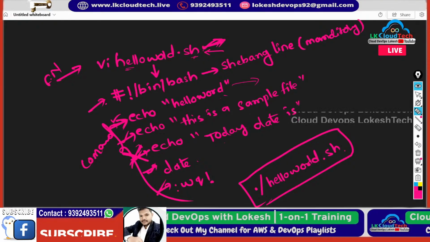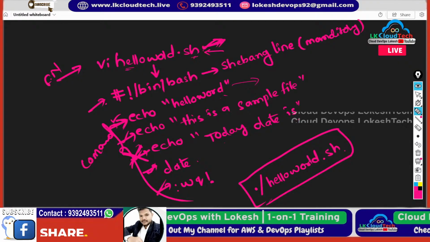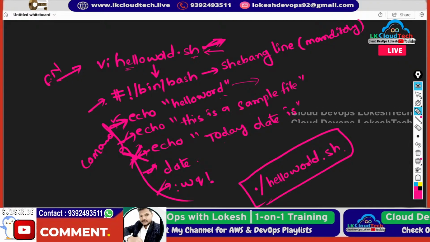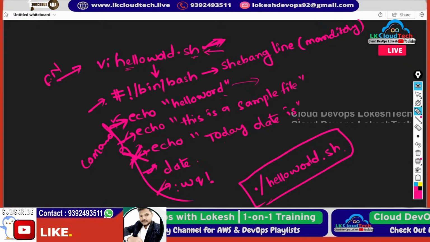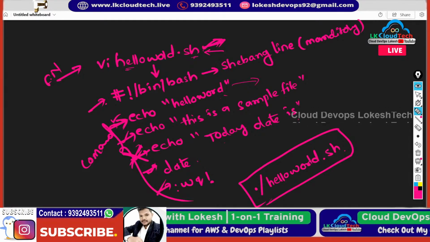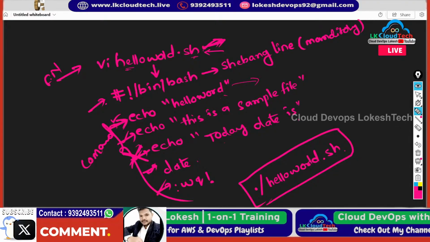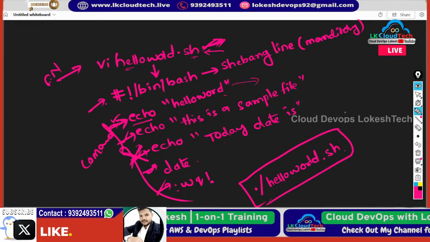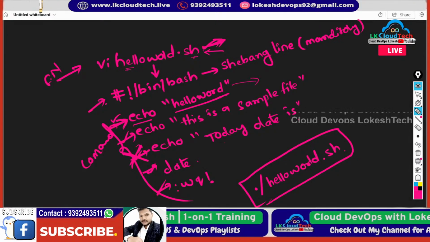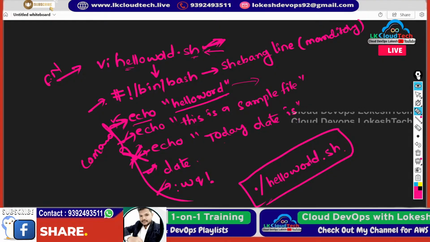Tell me, Rakesh. If we want to print multiple lines, can we use echo? Just simple echo means whatever I have given, it will reflect back. I'll show you.